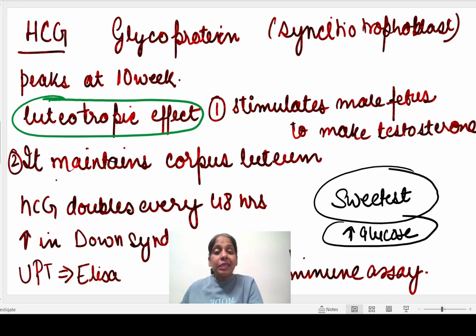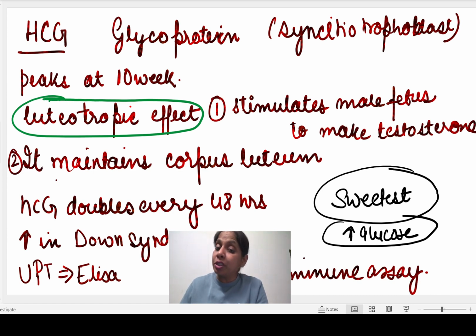Now HCG, because of its LH-like action, stimulates the male fetal testes to make testosterone in early intrauterine life, right? This was a question in NEET PG 22. So what stimulates a male fetus to make testosterone in intrauterine life?